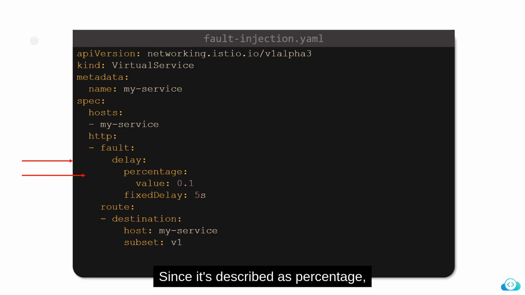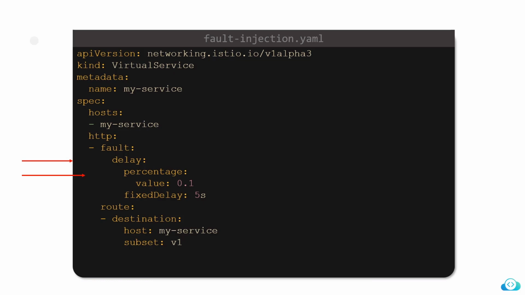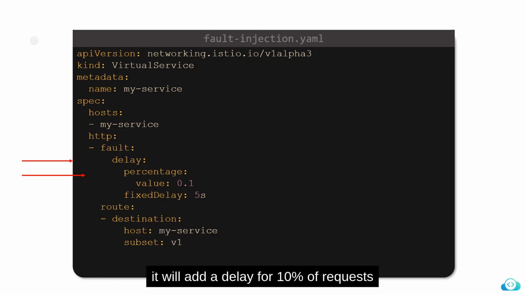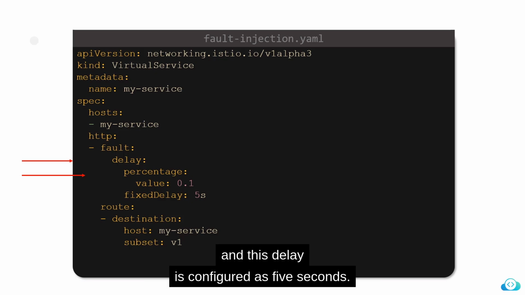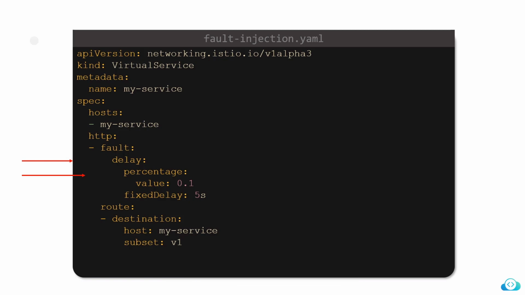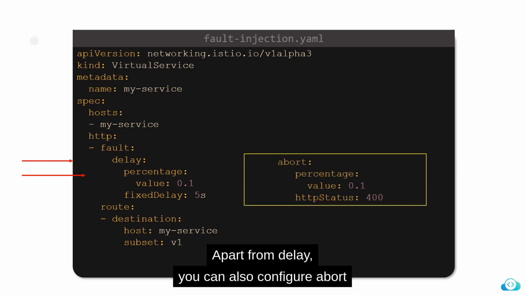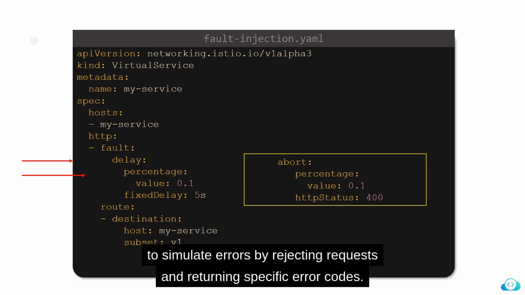Since it's described as a percentage, it will add a delay for 10% of requests, and this delay is configured as 5 seconds. Apart from delay, you can also configure abort to simulate errors by rejecting requests and returning specific error codes.